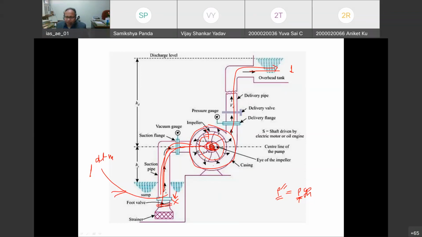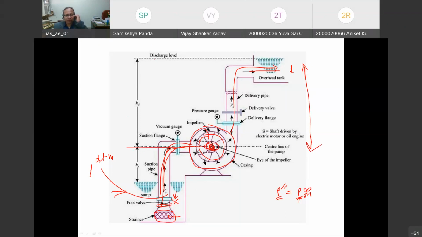And one thing, as I told, the foot valve and strainer are used so that good quality water will enter the suction line. This is the suction line below the eye of the impeller where water is there, and this is the delivery line which gives water to the tank from the eye of the impeller. In this way water goes.